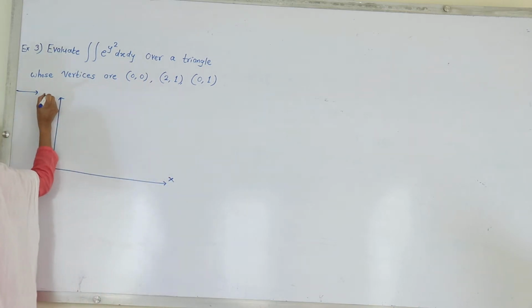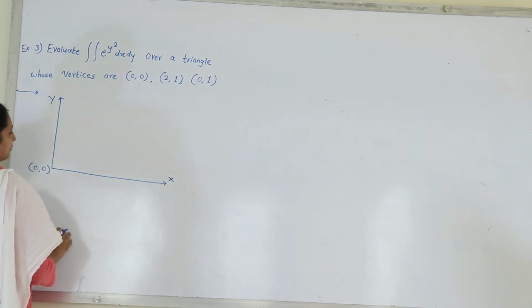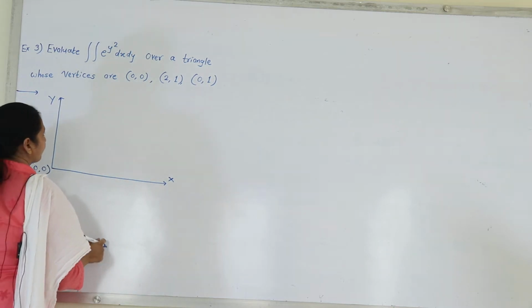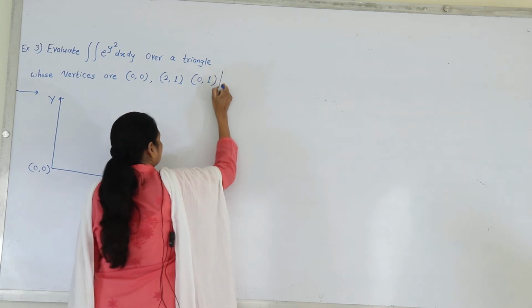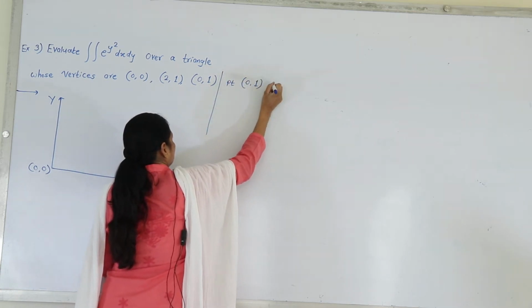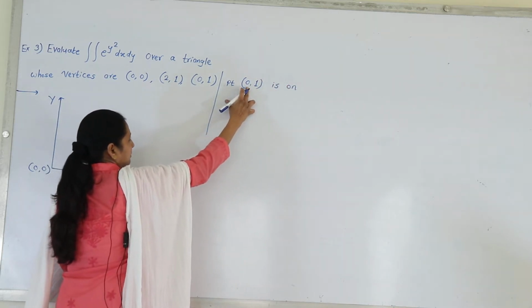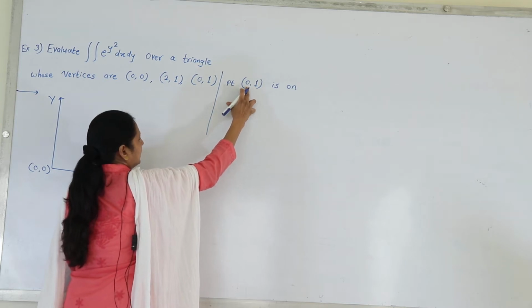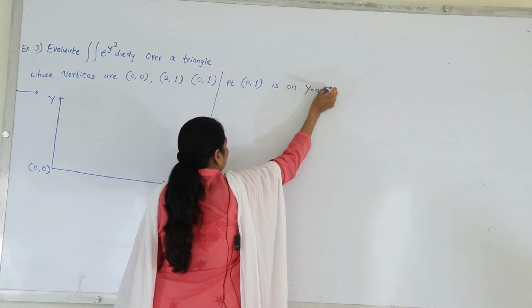X-axis, y-axis, (0, 0) is the origin. The point (0, 1) is on which axis? 0 is the x coordinate, so it is on the y axis.